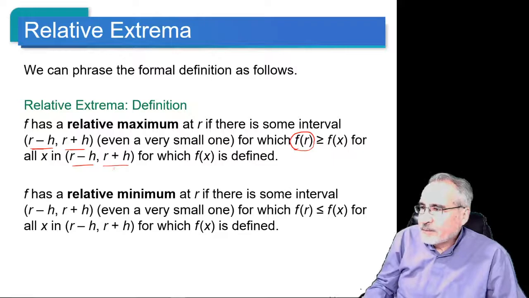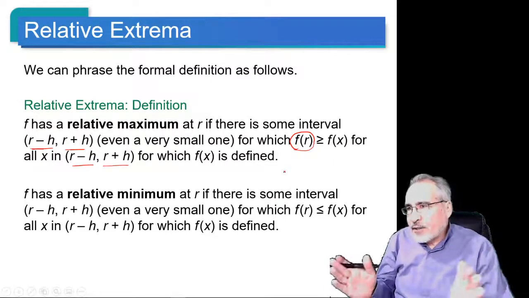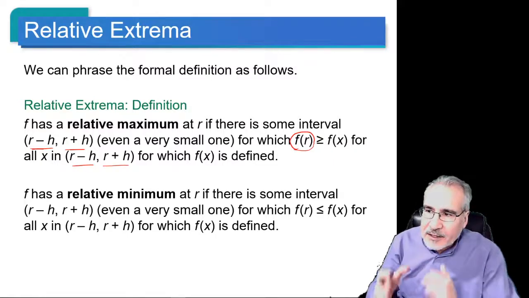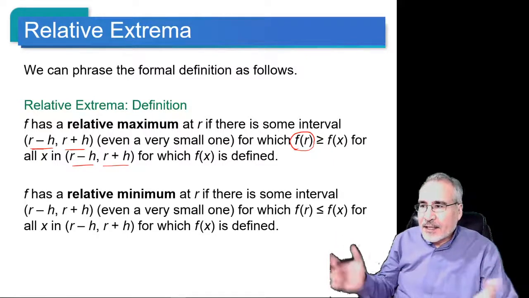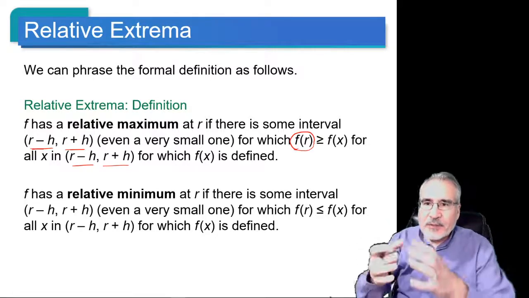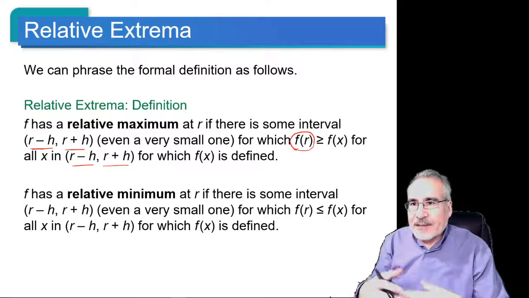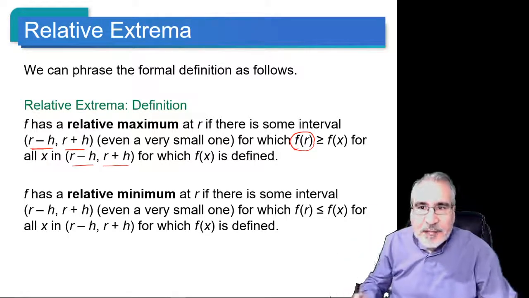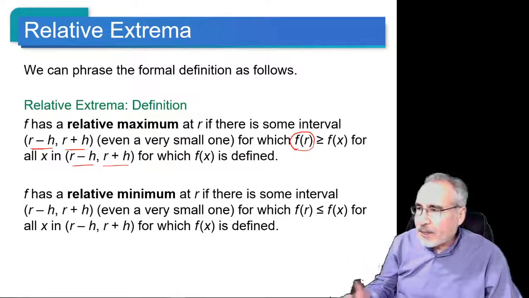Okay, and you can make h smaller and smaller, as far as you need to. You make it a little bit larger, it just depends. Some maximums are a maximum for a very large neighborhood. Some are only a maximum for a small neighborhood. It's a little speed bump. Some are mountains, some are speed bumps. Okay.